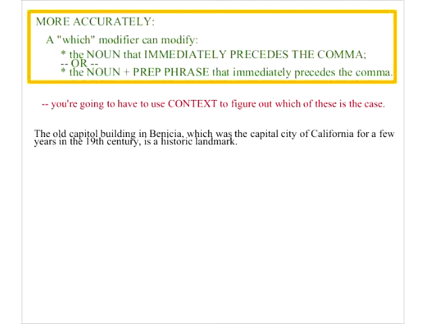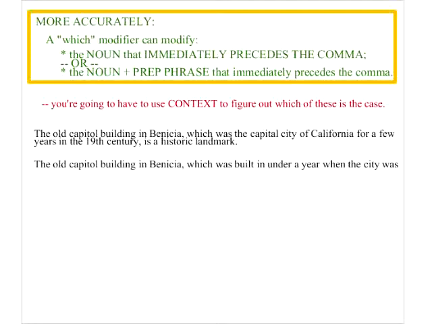versus the old Capitol building in Benicia, which was built in under a year when the city was designated capital of California, is now a historic landmark.